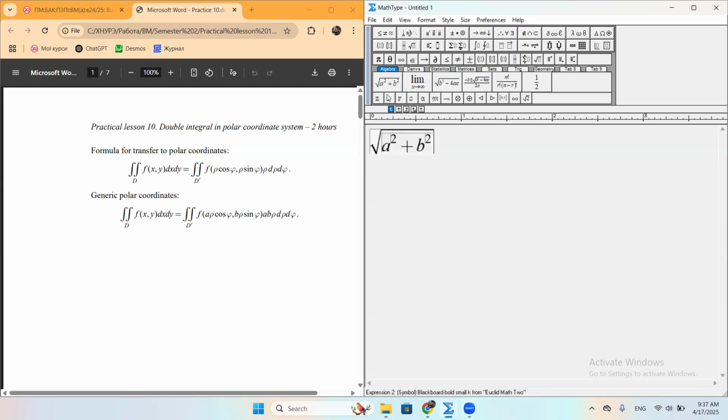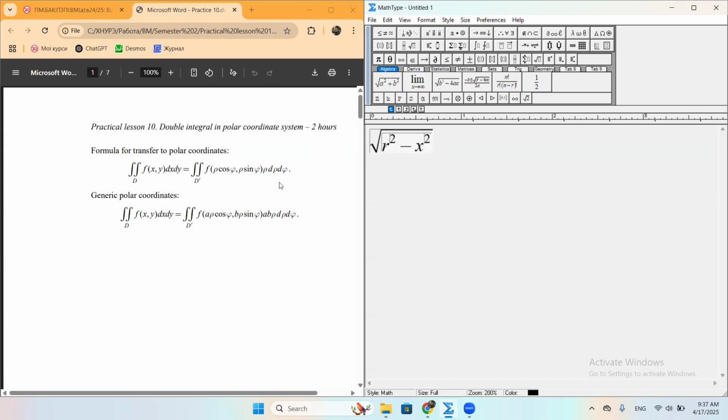Just imagine we have to integrate something like this. One of the bounds of integration looks like this, a lot of square roots, quite inconvenient, and different coefficients.